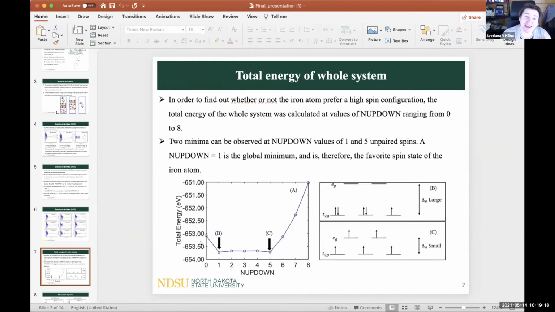Okay, Sarah, there are 8 electrons. I think for iron there are 2 electrons on the 4s, and there are 6 electrons on the D shell. So to get iron 2 plus, you're removing 2 electrons. First 2 electrons are gone from the s orbital, and that's why you have only 6 on the D orbital. But if you want iron 3 plus, you need to take 1 additional electron, and you can take it only from the D, because from S, everything is already gone to get 2 plus.